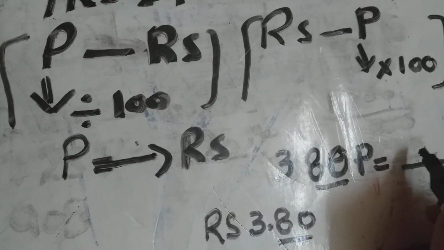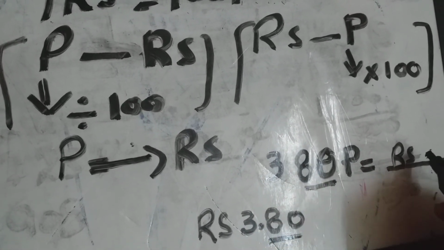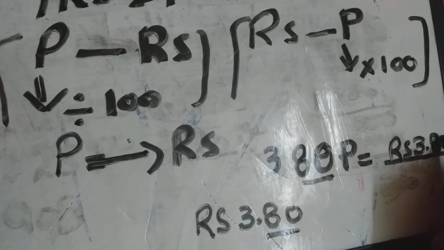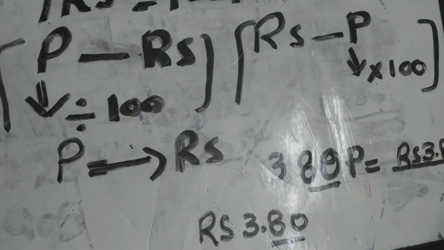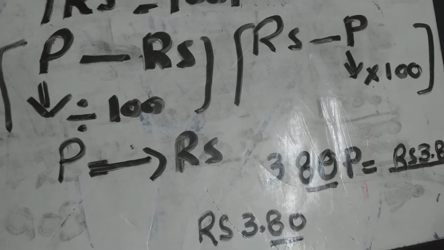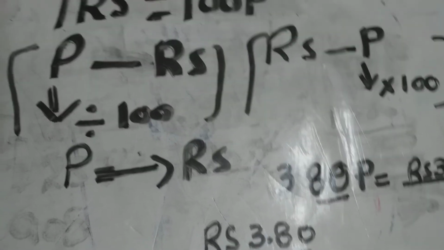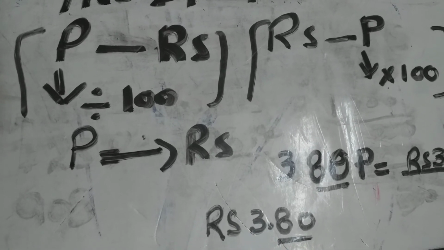When we convert paisa into rupees, we write like this: 3.80 rupees. So girls, the trick is to shift the decimal point two places to the right. We can convert paisa into rupees by this method.